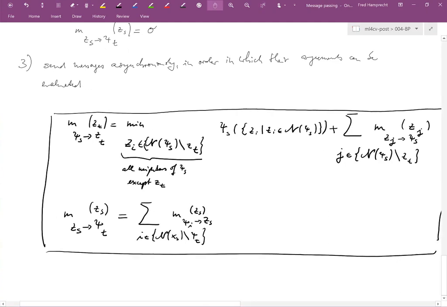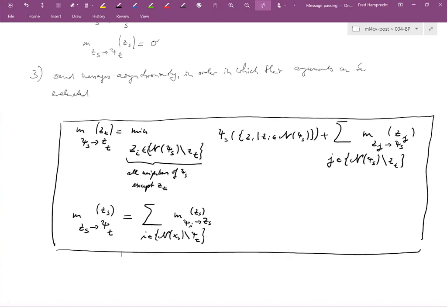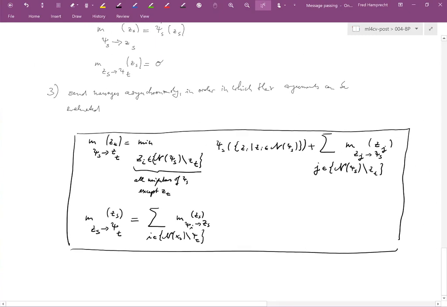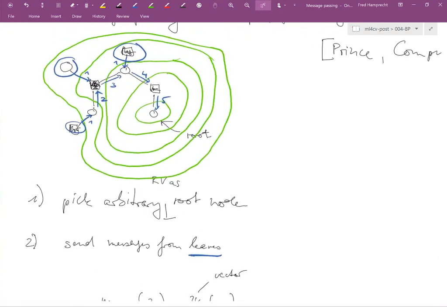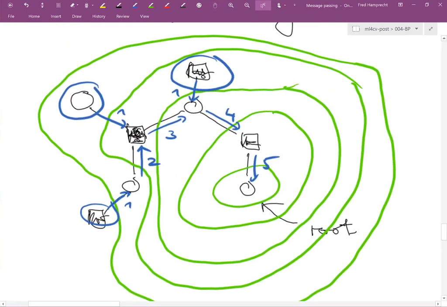So we start sending messages from the leaves in the direction of the root, and some nodes need to wait until they have all possible input.